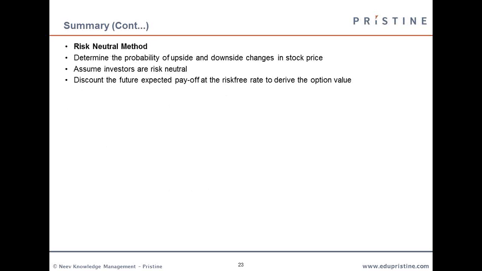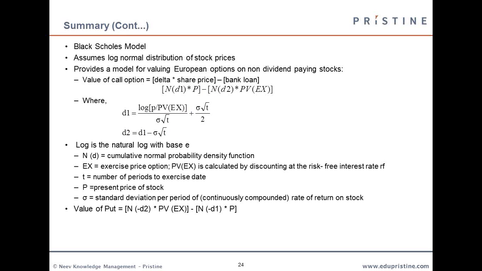In the risk neutral method, we come up with the probability, which is found using the expected return and the risk-free rate. Once we have the probability and the up and down values, we can proceed to find the value of the option.